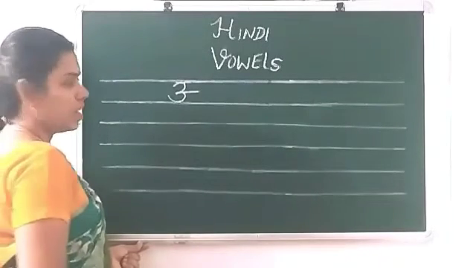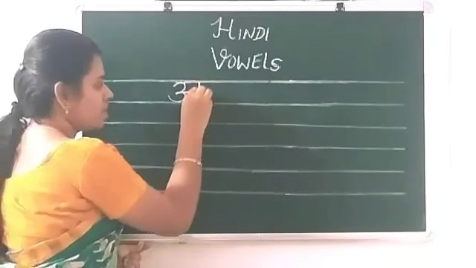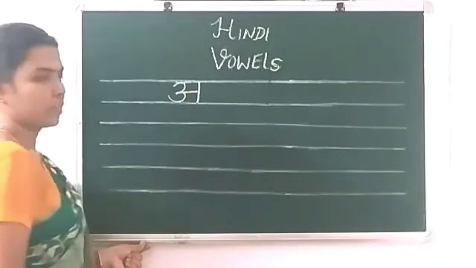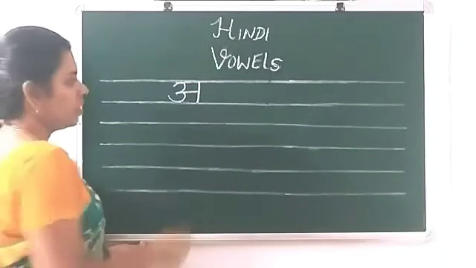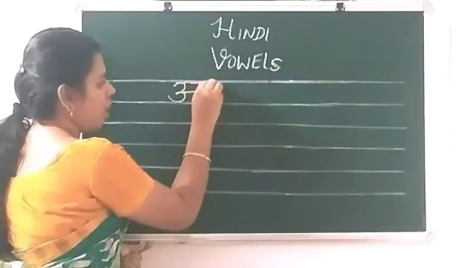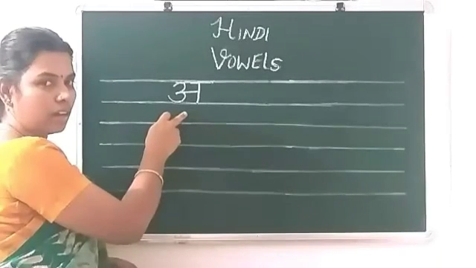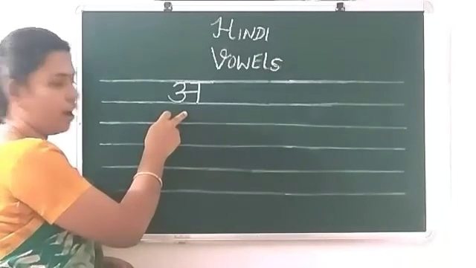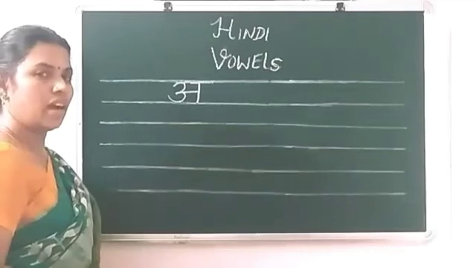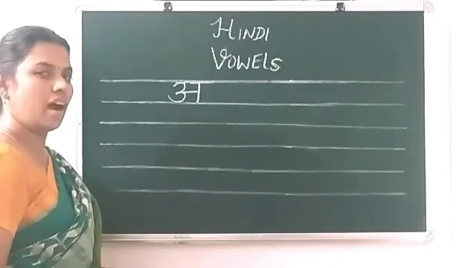And fourth step, draw a standing line. Finally, draw a sleeping line on the top. What is this letter, children? A. Next letter, A.